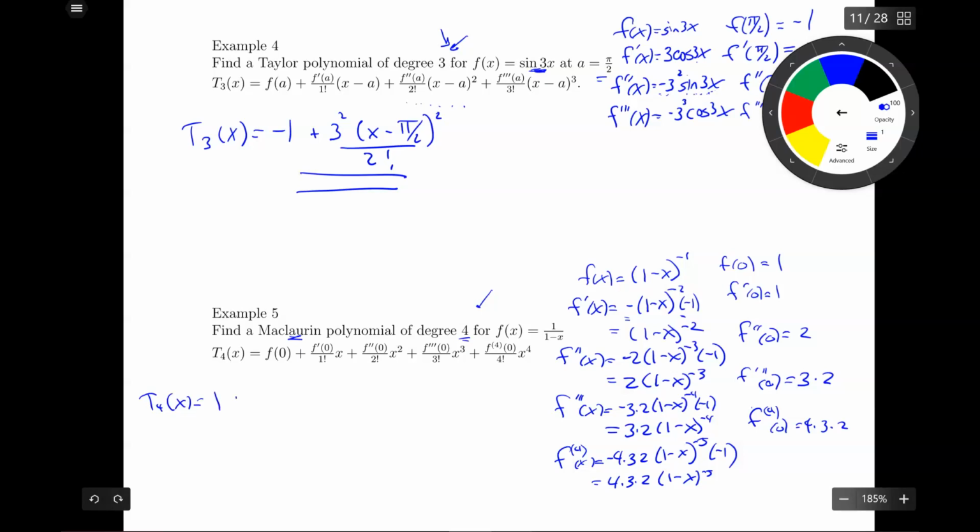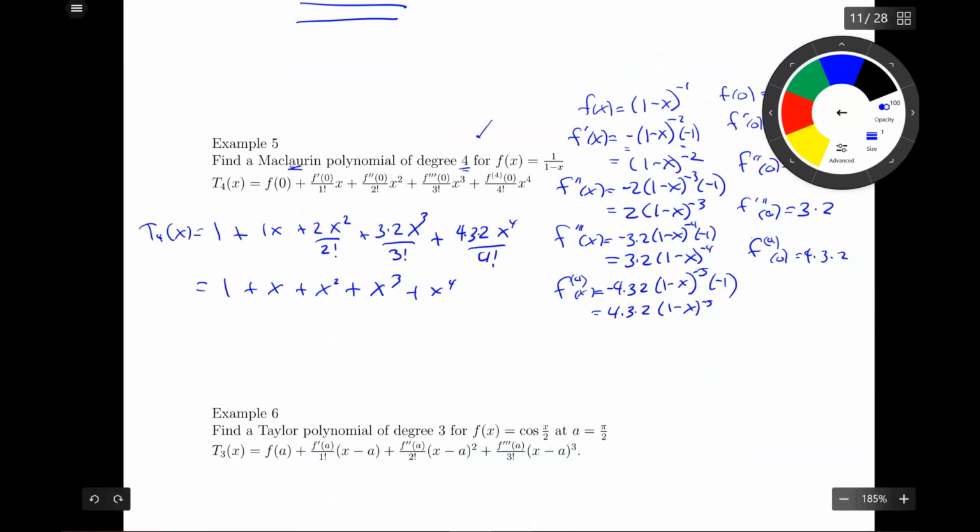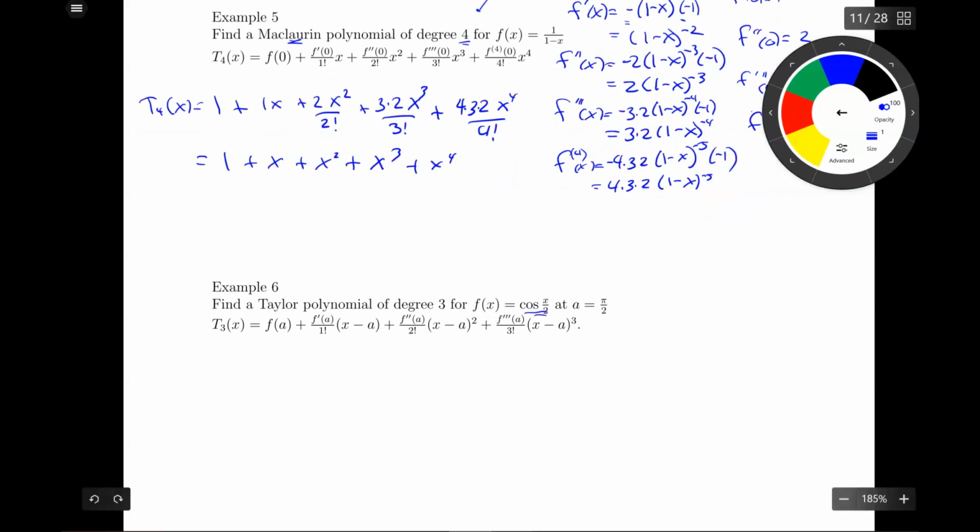First term is 1 plus 1 times x over 1 factorial plus 2x squared over 2 factorial plus 3 times 2x cubed over 3 factorial, and then 4 times 3 times 2 x to the 4th over 4 factorial. And then kind of looking at that, I can see that that cancels, so we just get, right, simplified.